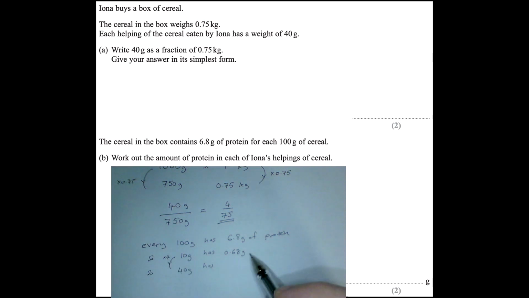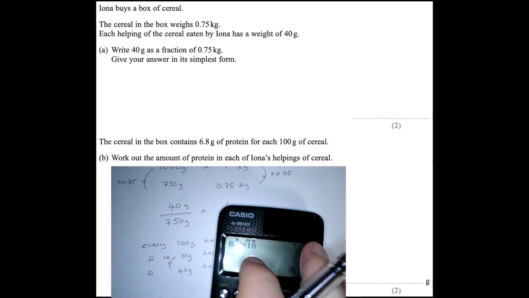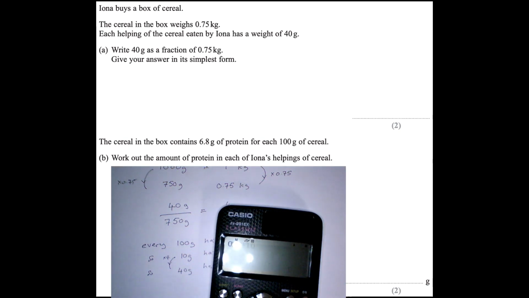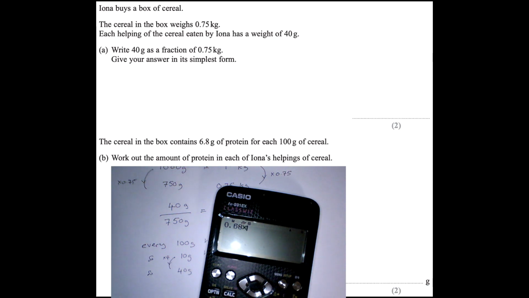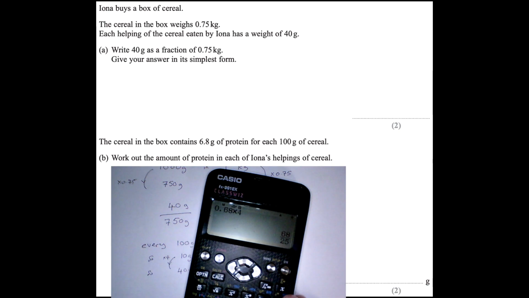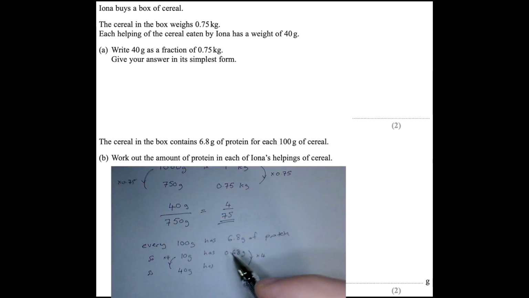So this is a way you can really visualise how we're going to get the answer, hopefully. So here we go, 0.68 times by 4, and I press the SD button, 2.72. She's having 2.72 grams of protein in her bowl of cereal for every bowl of cereal.